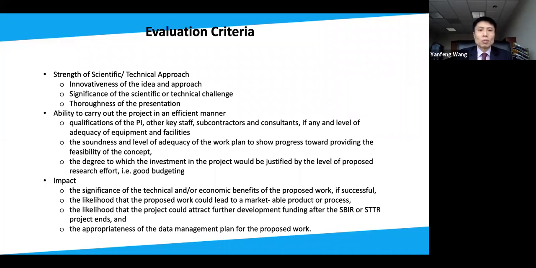Finally, they want to look into impact, which refers to commercialization prospects and marketing potential. They want to see that after you complete the SBIR and STTR, you are in a better position to sell your product to the broader market or the big contractors for the government. In your application, you need to address those.